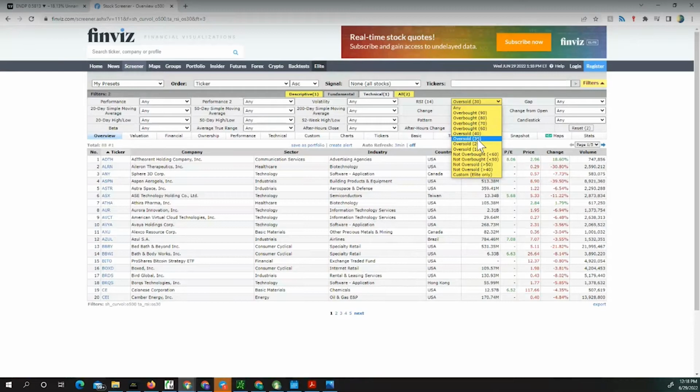So if you're looking to sell, you want overbought 70 and above, and if you're looking to buy, you want oversold 30 and below. So you take that oversold 30, and that gives you a point where a lot of people are trying to buy that stock. If you are a buyer, you want to come in at that point.